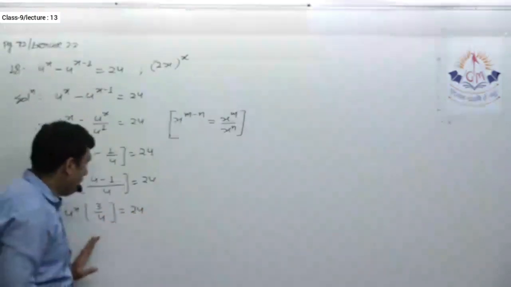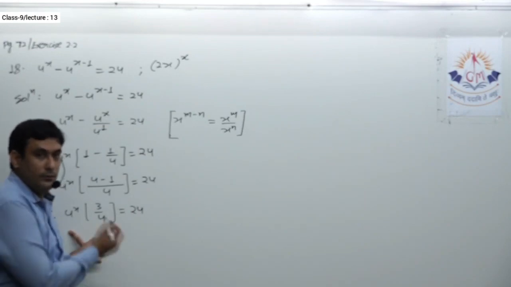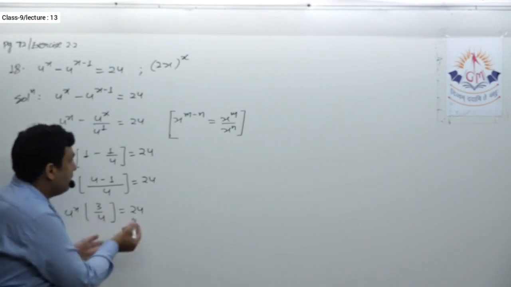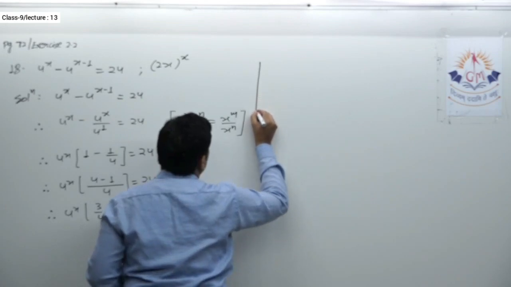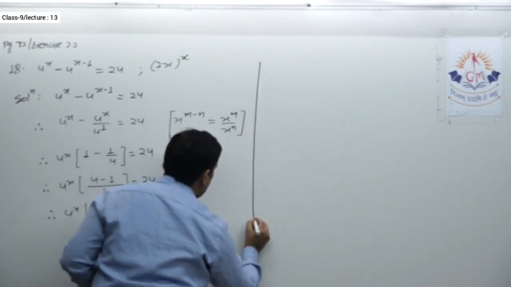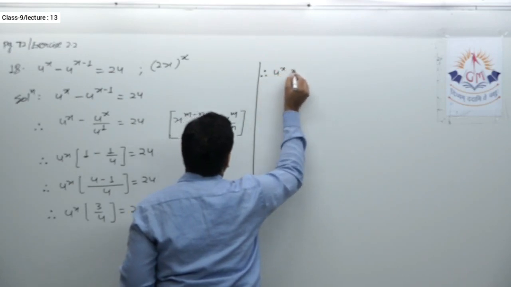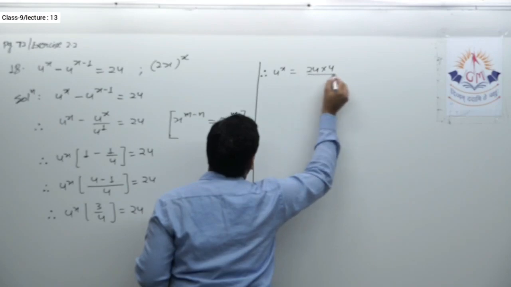Okay, now on the left hand side we have base 4, or I can convert it to base 2. So now these numeric values I will take to the other side. Here I can write 4 raised to x is equal to 24 multiplied by 4 upon 3.